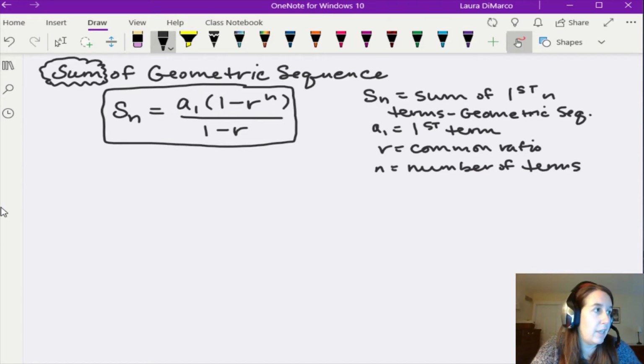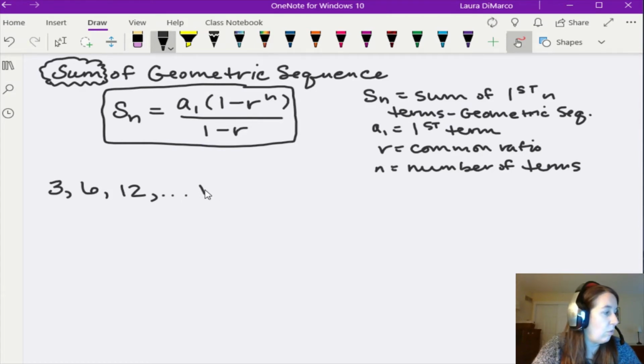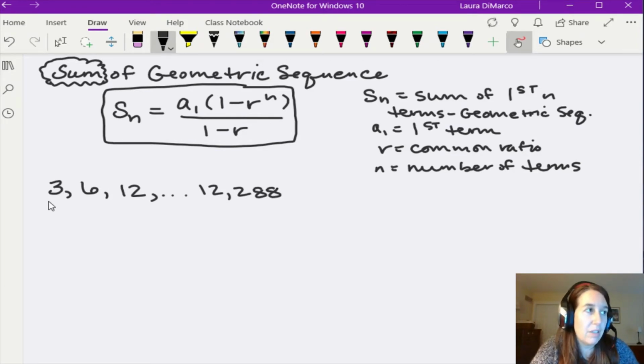So we're going to take an example: 3, 6, 12, ..., 12,288. Okay, so this is a geometric sequence. We have the first three terms and we have the last term, the nth term, right?